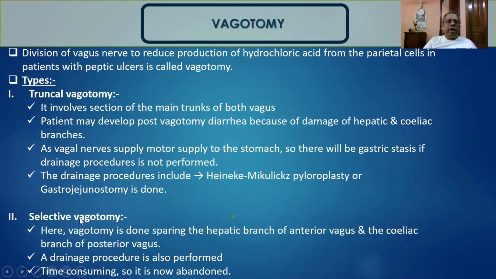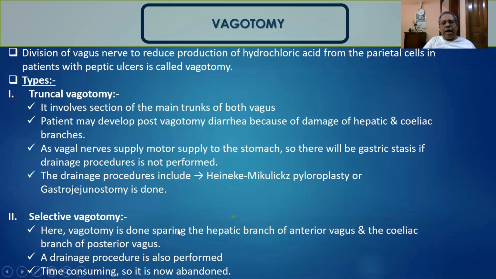Selective vagotomy. Selective means you divide the vagus, but you select some branches to preserve, that means those branches which supply the gallbladder. So for that reason, it started with selective vagotomy. If you spare the hepatic branch and the celiac branch, there is a chance of less symptoms like diarrhea, etc. For that reason, it is called the selective vagotomy.